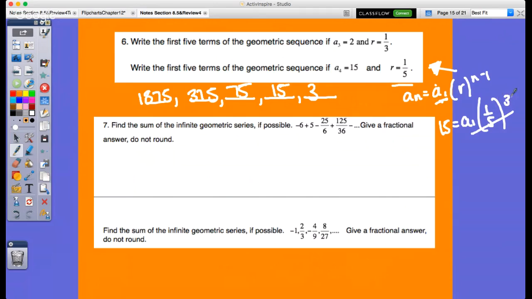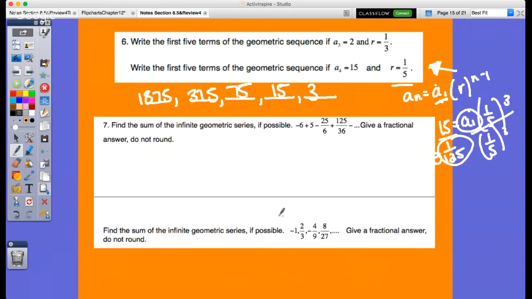We divide by 1/5 to the third, which is 1 over 125, okay? And we could flip this to the top by multiplying by the reciprocal, and that's one way that we could get to a1 and then multiply by 1/5 to get to the second, third, fourth, and fifth terms there, okay?